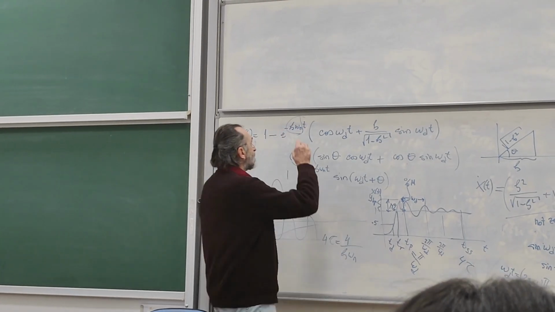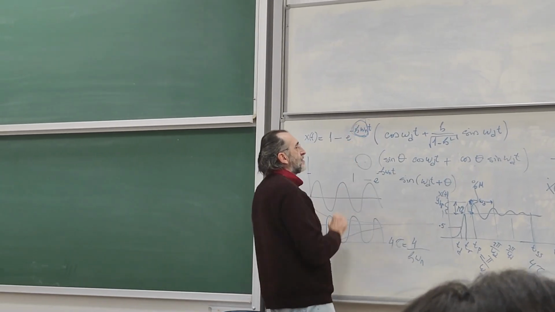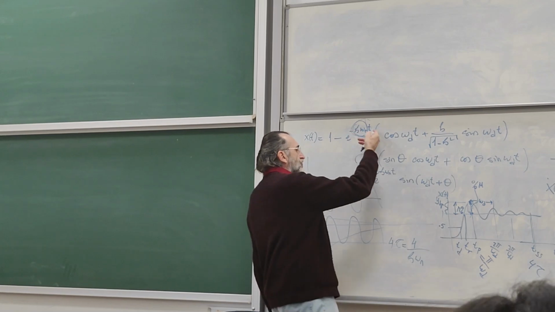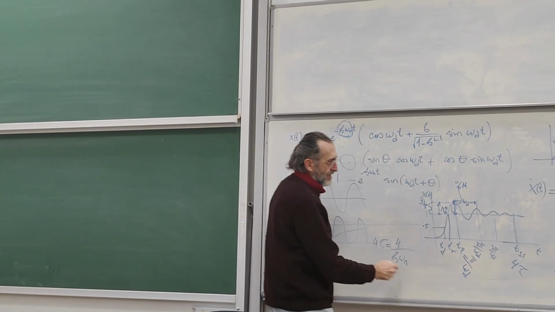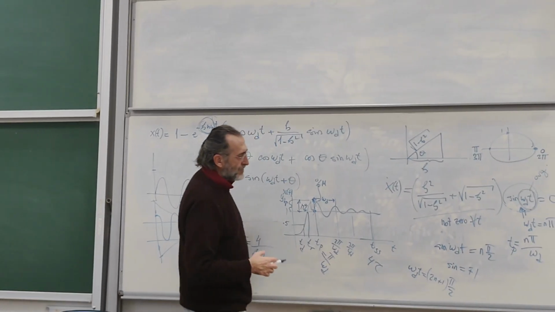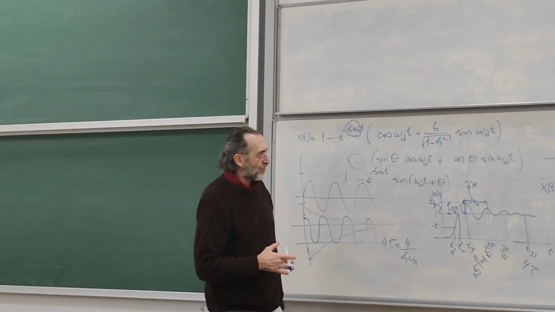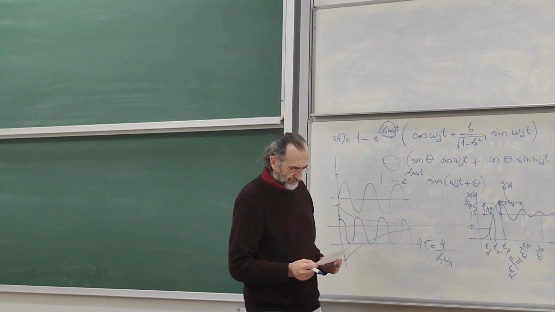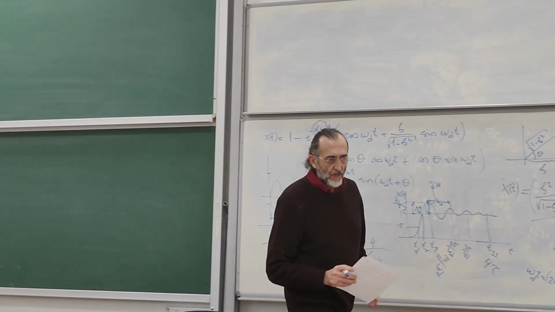Since this is our pole on the real axis, the inverse of it times 4 is going to be the settling time, the steady state. So on and so forth.